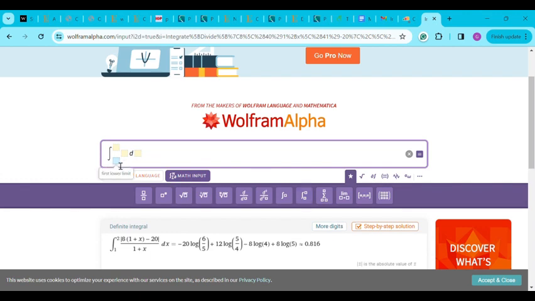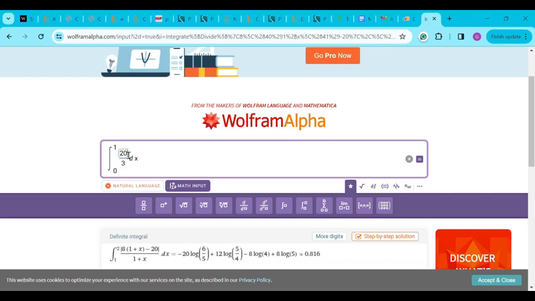Let us see the first integral, 0 to 1, and the integral is over dx, and then we have the numerator 20 by 3 times minus 1 plus 2x, and in the denominator we have 1 plus x, and everything is squared.